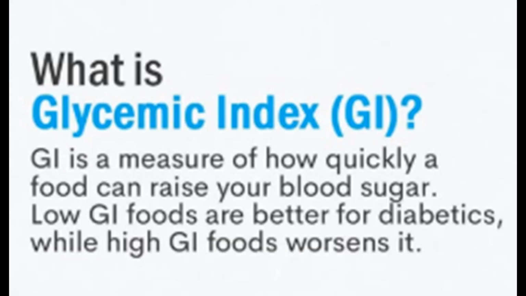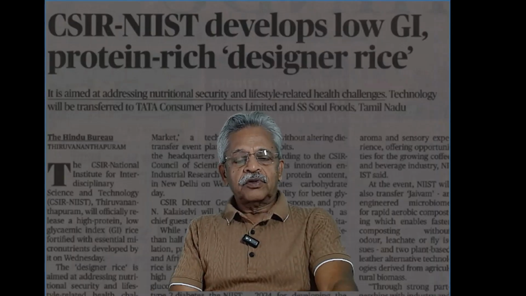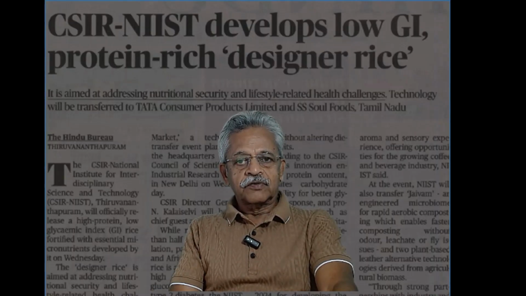Glycemic index is a number, an imaginary number, a comparative number. A carbohydrate is compared with glucose. All carbohydrates are converted into glucose before it is absorbed, and that causes the rise and fall of blood sugar or blood glucose. Take a particular quantity of glucose, for example, 100 grams of glucose. Give it to a person and measure his blood glucose. Measure how much the blood sugar has gone up.